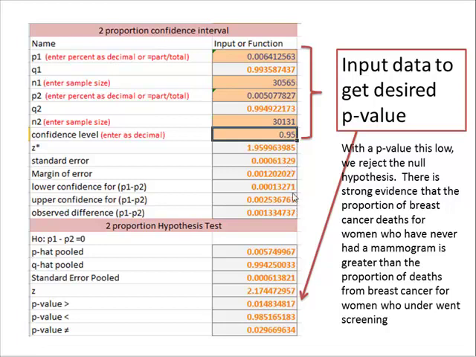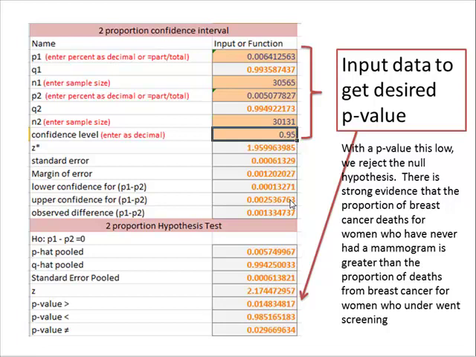Another thing you might look at is the lower confidence limit and the upper confidence limit. While they are small, they are both positive. The only way that you would fail to reject the null hypothesis is if your lower limit was negative and your upper limit was positive, because then your confidence interval would contain 0, which would mean you couldn't eliminate 0 as a possible value for the difference between the proportions.